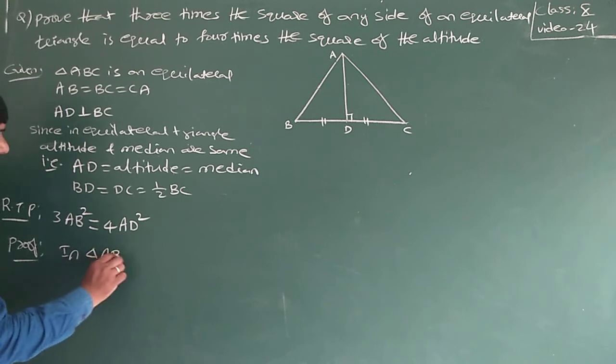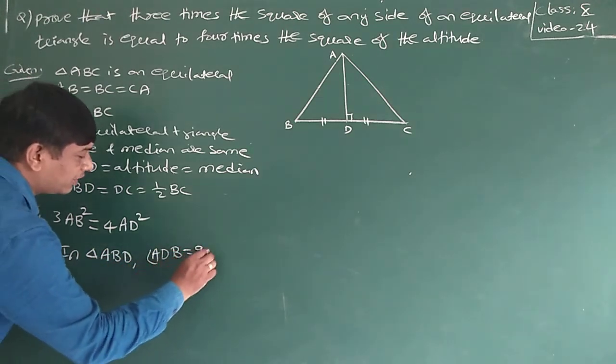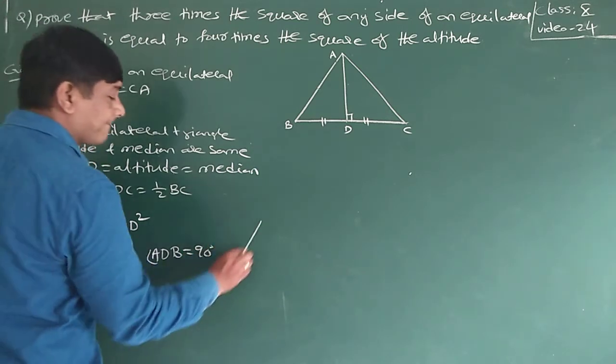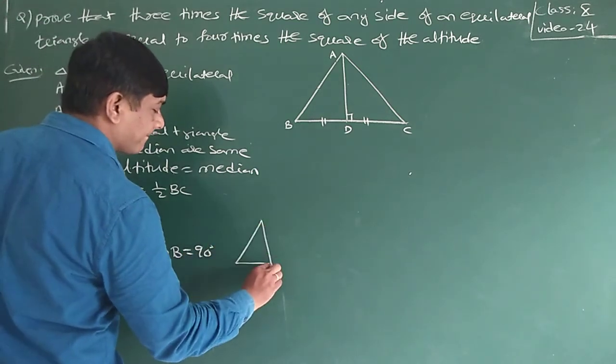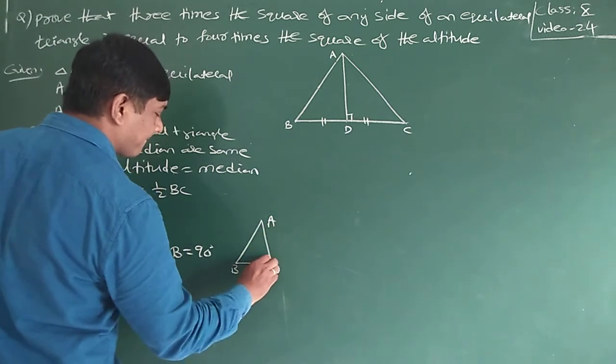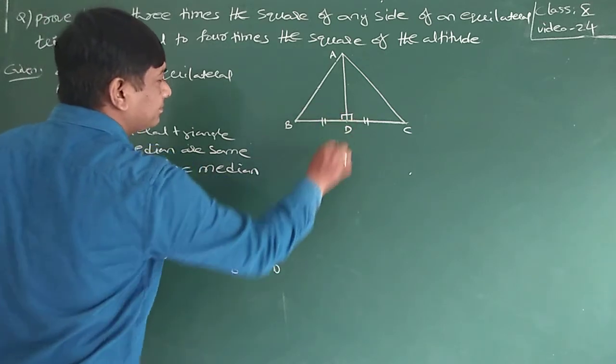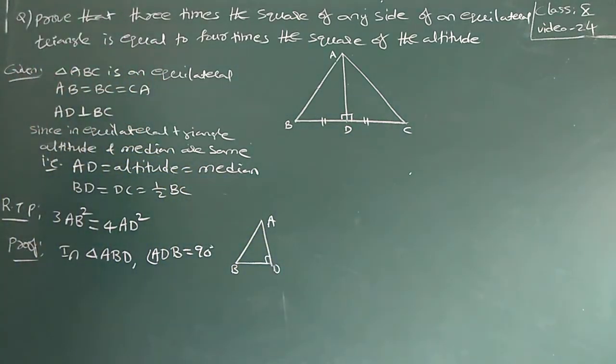In triangle ABD, angle ADB is equal to 90 degrees.